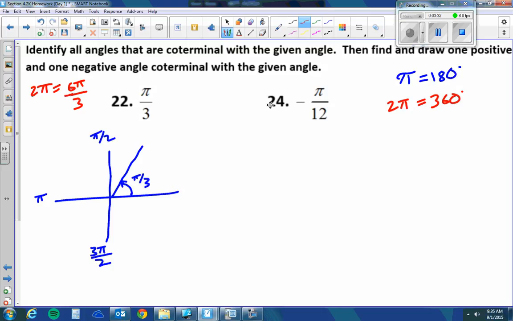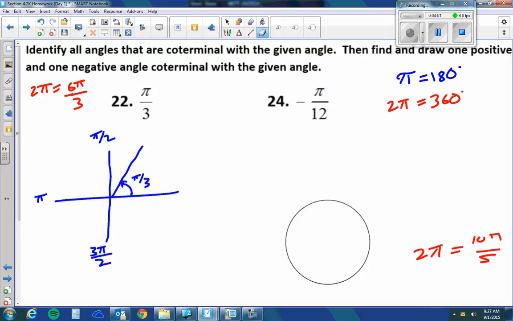And over here, all the way around the circle is 2 pi still, but how many twelfths is that? 2 times 12 is 24, so 24 twelfths is how you'd express 2 pi here, because you're in twelfths. And if I was doing fifths, let's say I made up an angle, 4 or 5 over 5, 2 pi, if I'm doing fifths, equals how many fifths? See what I'm saying? You're always adding 2 pi, but how it'll look will depend on your denominator.